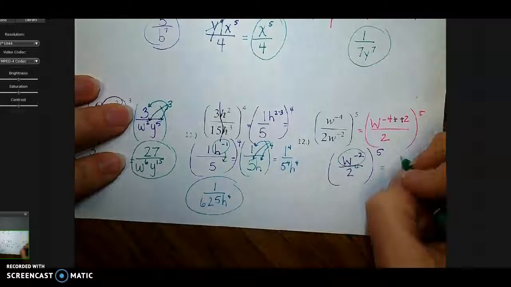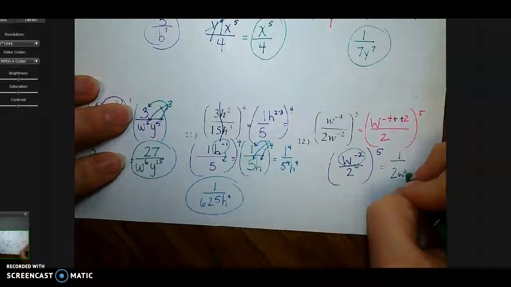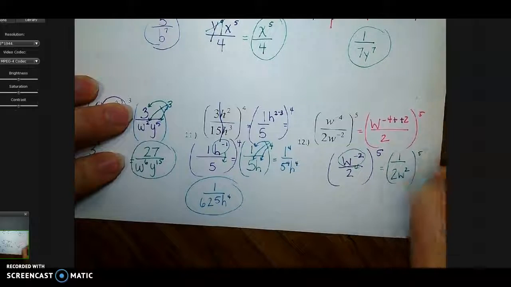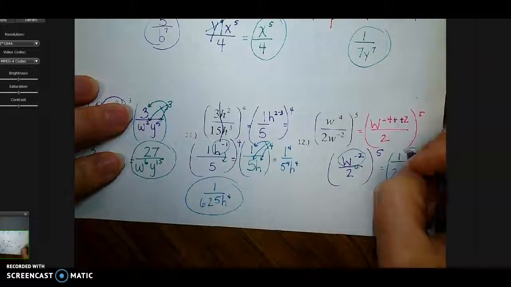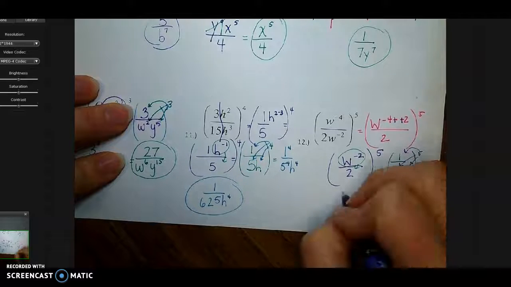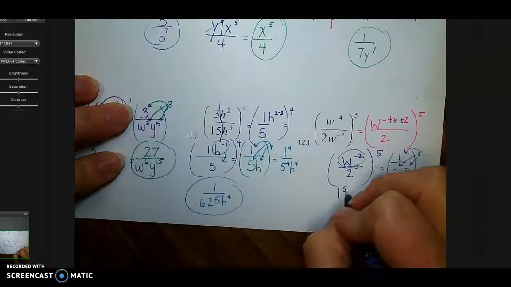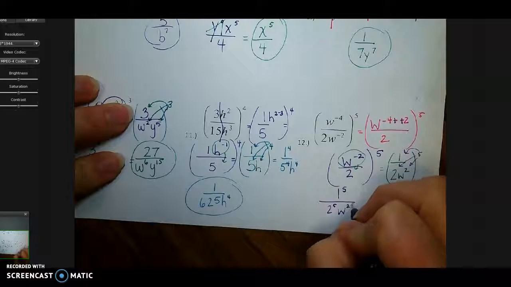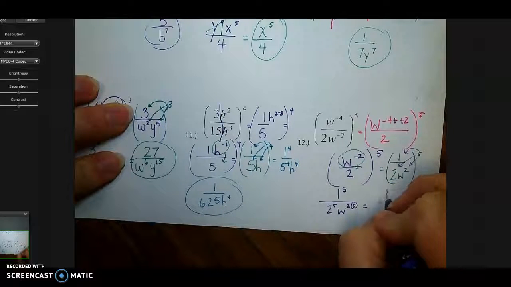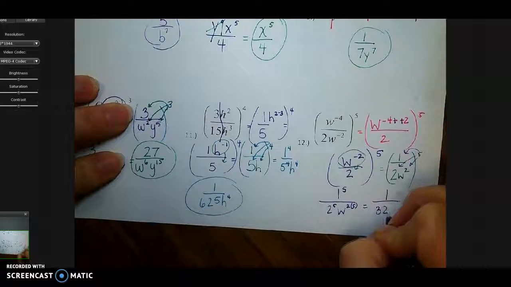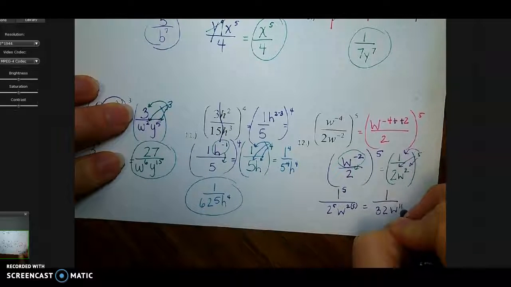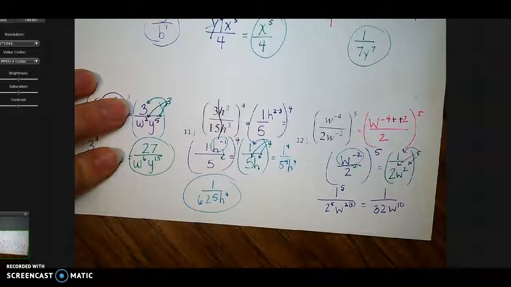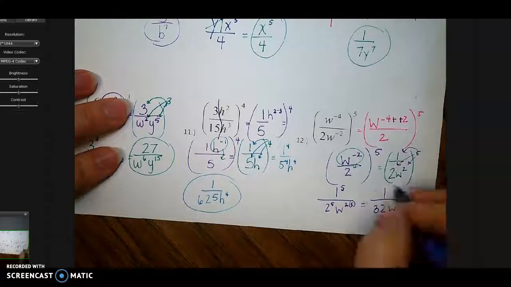So I get 1 over 2w squared, and then I got to take all that to the 5th power. So I get 1 to the 5th power over 2 to the 5th power, and then w squared, multiplying that. So I get 1 over 32 w to the 10th power.